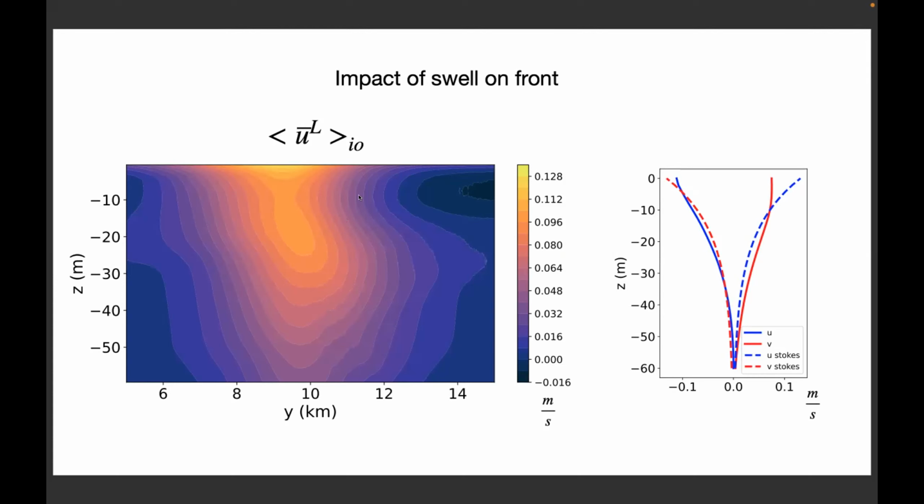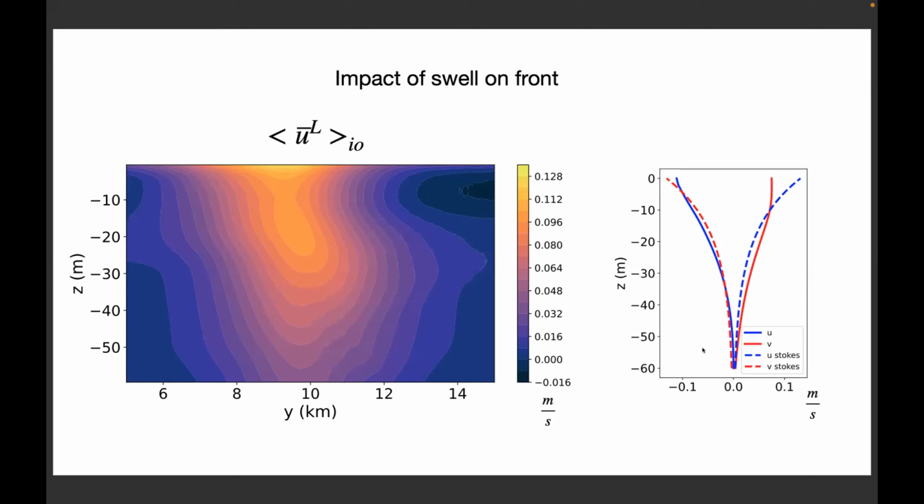The momentum is mixed, and we have some subsurface intensified flow. The figure on the right-hand side is the total horizontally averaged Eulerian profile and the Stokes flow. If we average over the total horizontal, not just along the front but also across the front, we somehow cancel out the effect of the opposing fronts. So the right-hand side shows the Stokes drift and the anti-Stokes flow.